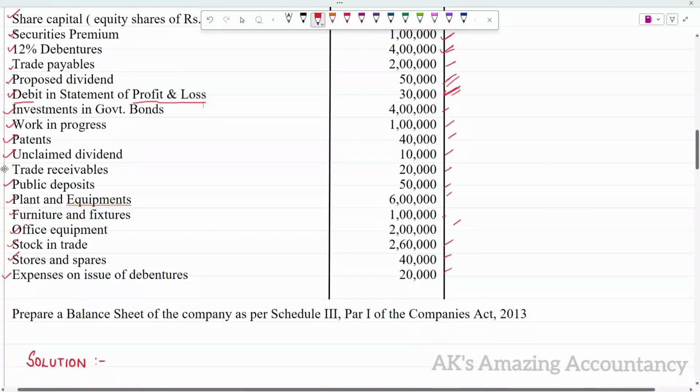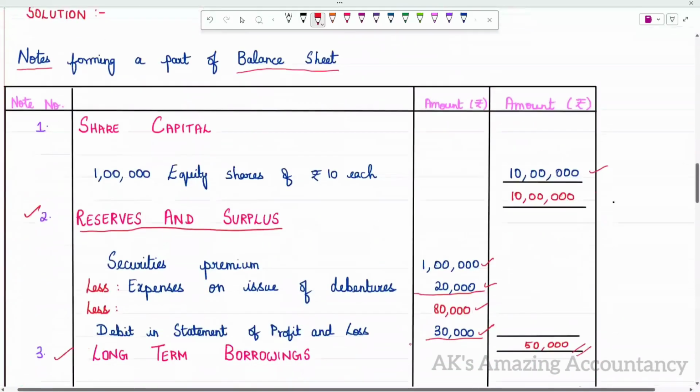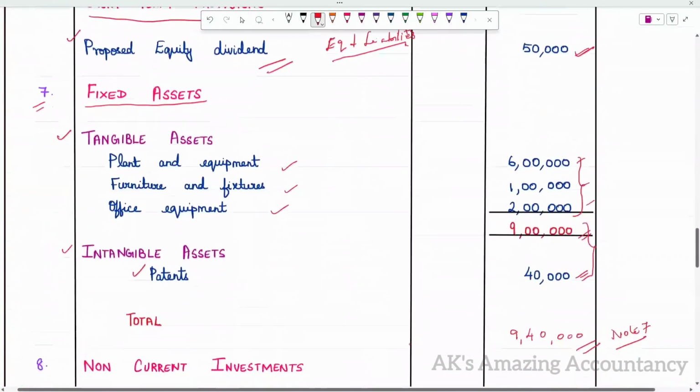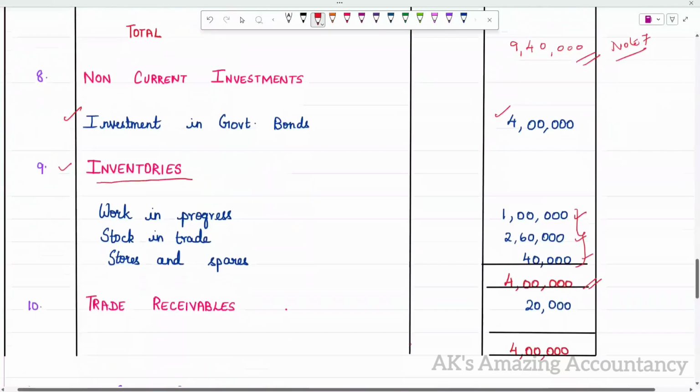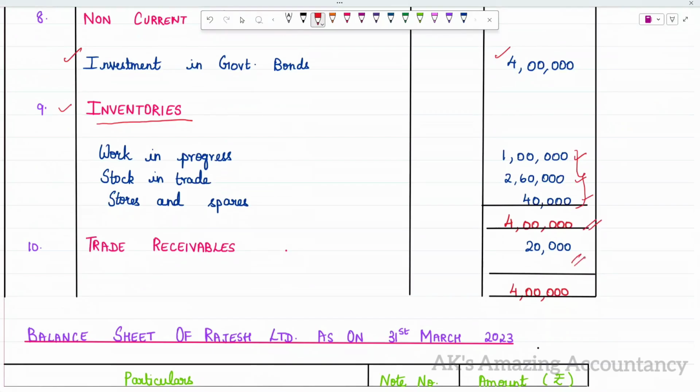So trade receivables, it is 20,000. So trade payables is a liability item and trade receivable is an asset item. Okay. So that also we have entered. So we have prepared all the notes. How much we entered as trade receivables? 20,000. So we have prepared all the notes relating to the balance sheet.